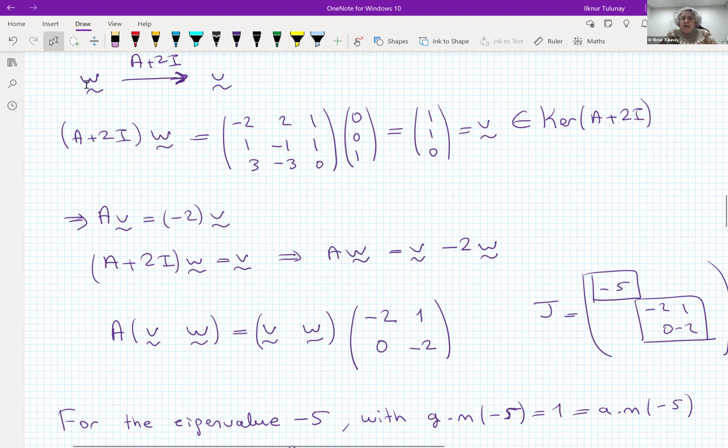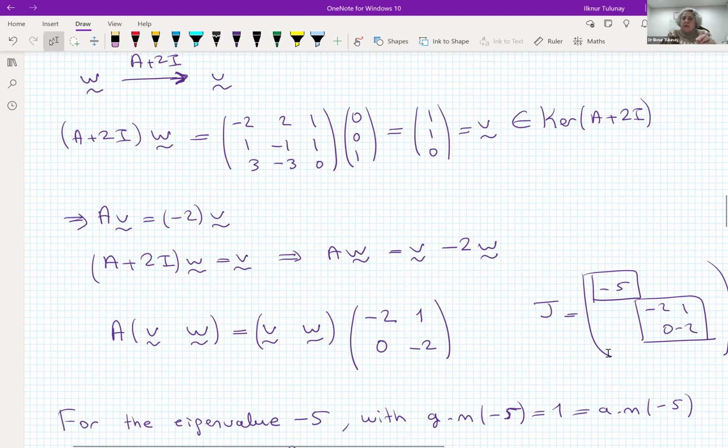But we need a kind of chain for this part. Okay, this is what's going on. This is why we need to do this. We need to find this kind of chain to figure out this kind of equation for this part.